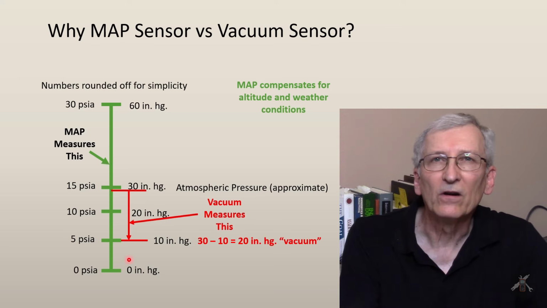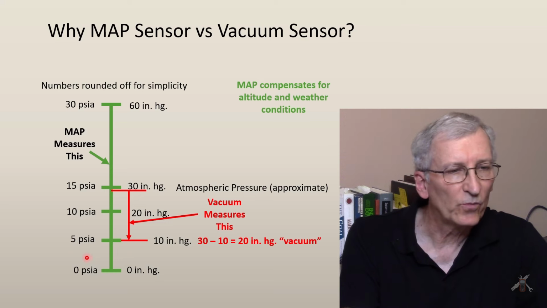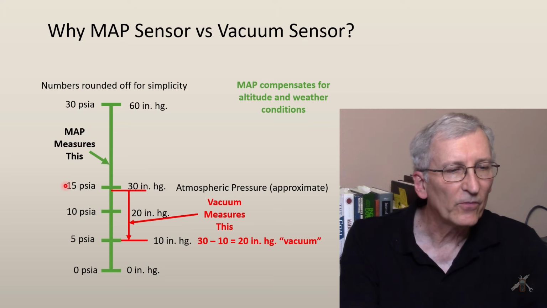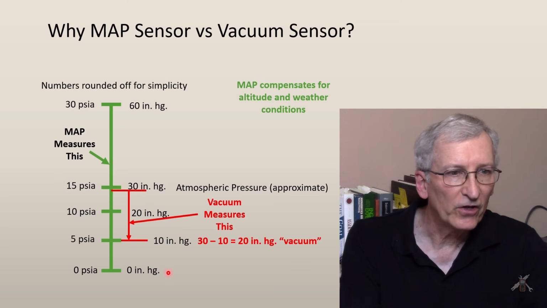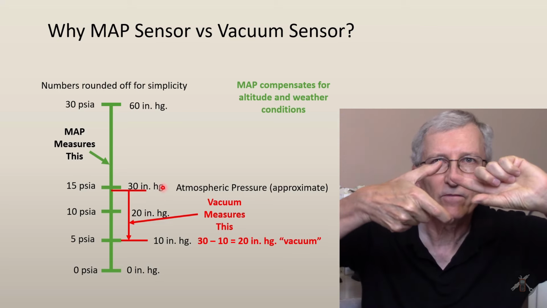That would be down here at a very low absolute pressure. So you're just flipping the scale upside down. Again, I'm just going to repeat it one more time. You're flipping the scale upside down, so 30 inches of vacuum is down here, 30 inches of absolute pressure is up here. The two just flip upside down.